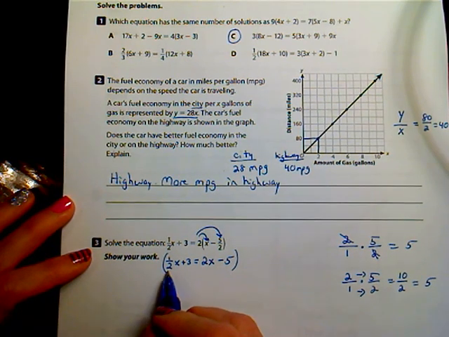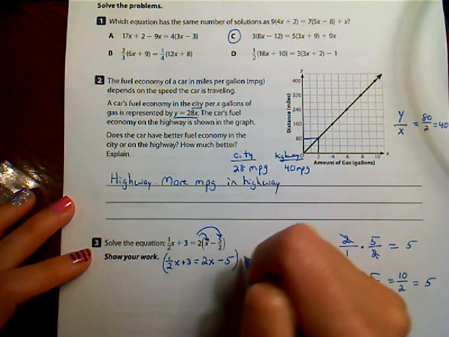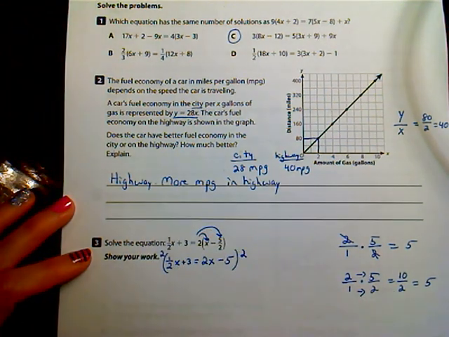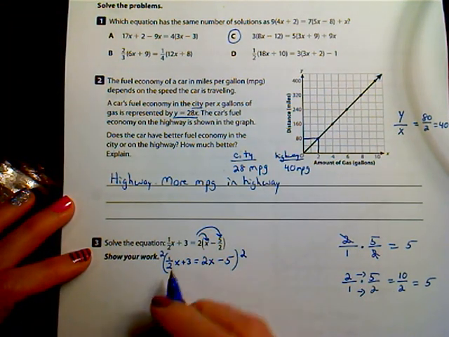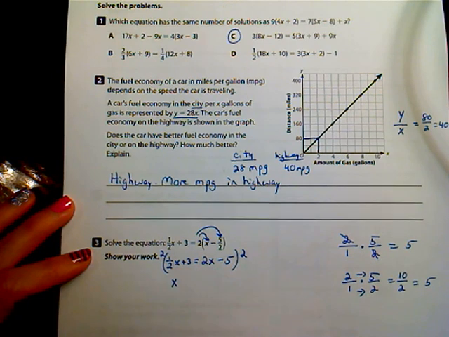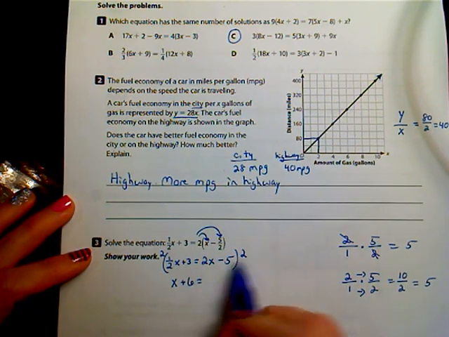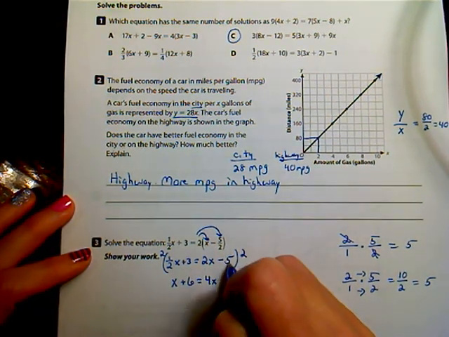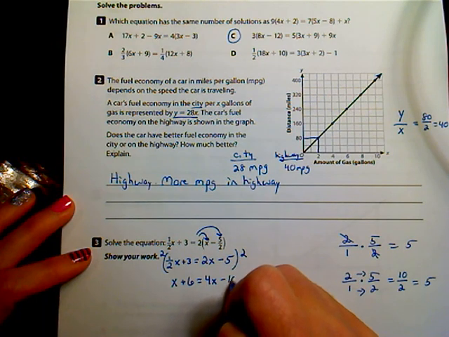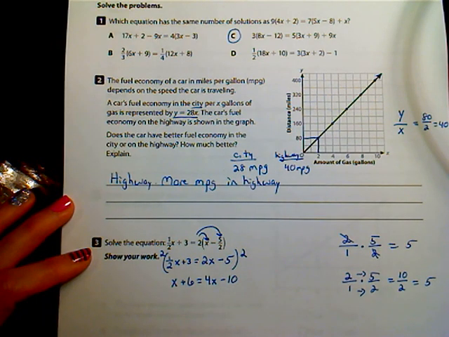So you could multiply everything by this denominator to get rid of that fraction. So 2 times 1/2 is a half. Half of 2 is 1x. 2 times 3 gives me 6. 2 times 2 gives you 4x. And 2 times 5 gives you 10. I'm just going to bring down that negative symbol.